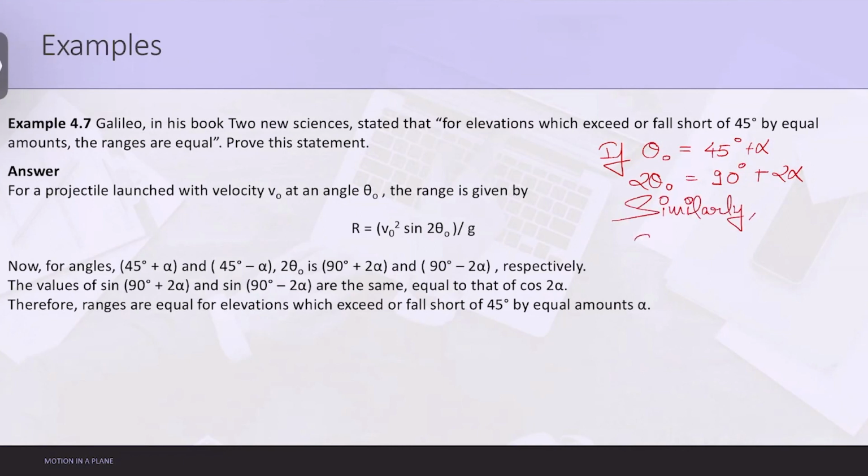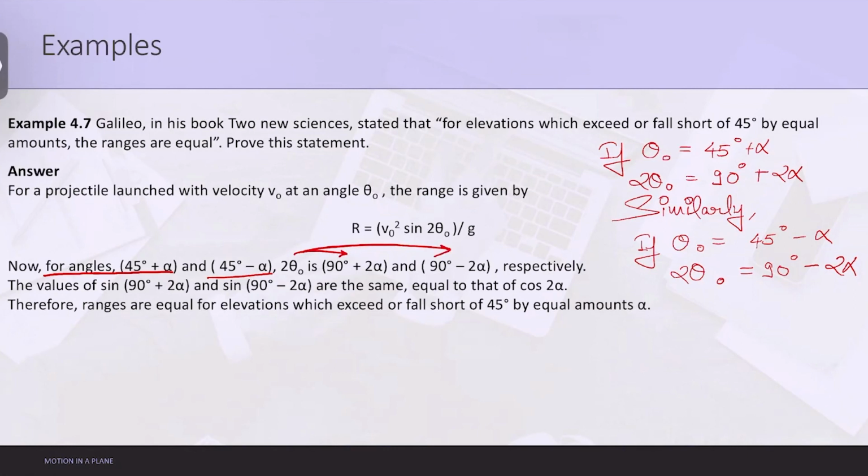Similarly, if theta naught is 45 degree minus alpha, 2 theta naught is 90 degrees minus 2 alpha. So for angles 45 degree plus alpha and 45 degree minus alpha, 2 theta naught becomes these values.